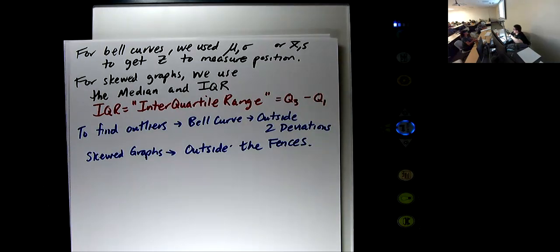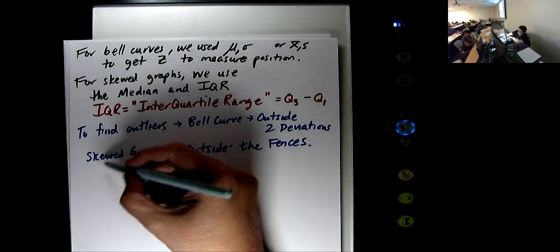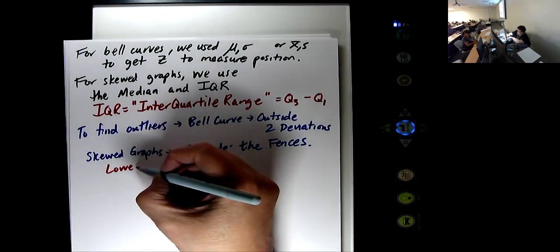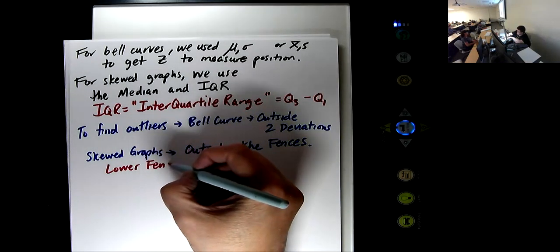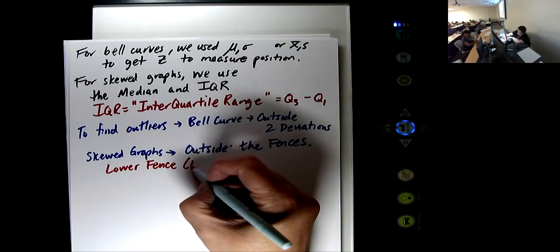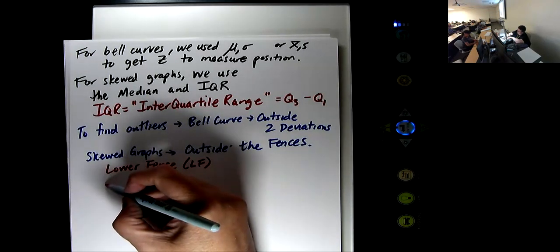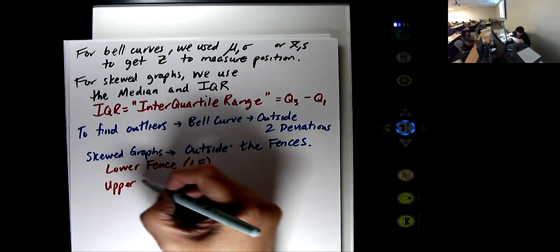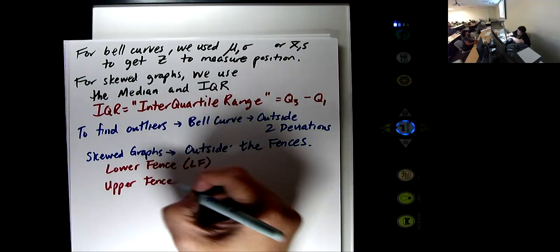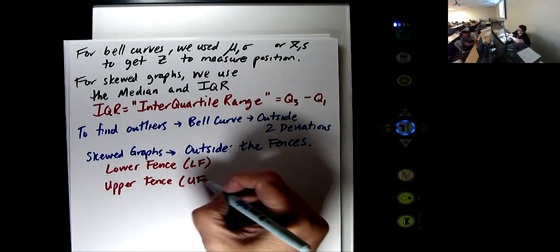The fences will make more sense when we get to 3.5, where you can visually see them. There is a lower fence, which I'm going to call LF because I'm probably going to say it a few more times today. And there's an upper fence, which I'll call UF.